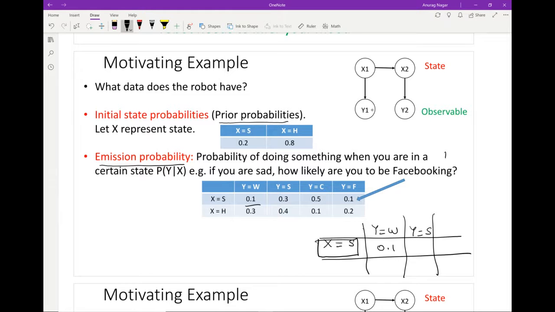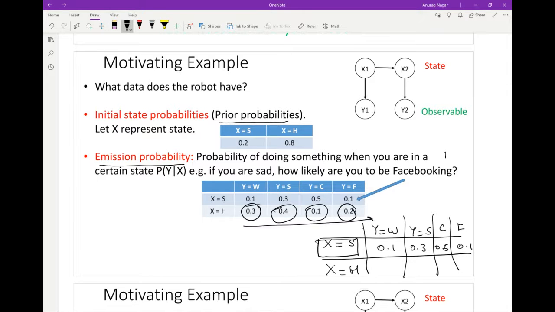Sad sleeping maybe 30%. Sad and crying maybe 50%. What is left is 10%, Facebooking. Similarly, if you are in a happy state, there is a 30% chance of watching the Game of Thrones, 40% chance you are sleeping, 10% chance you are crying, maybe it's a happy crying, and 20% chance you are Facebooking.